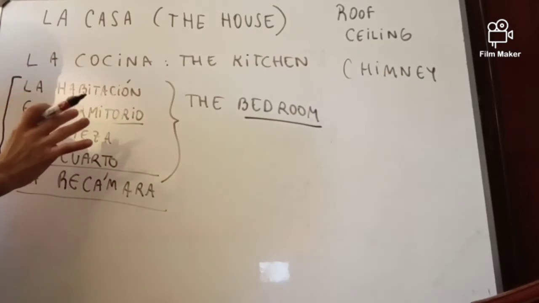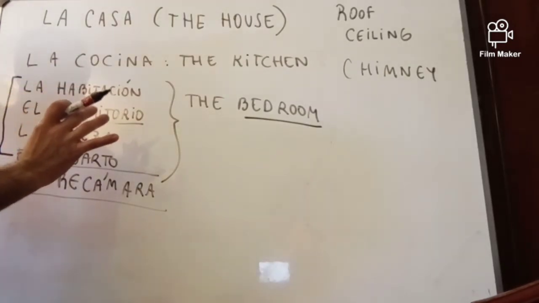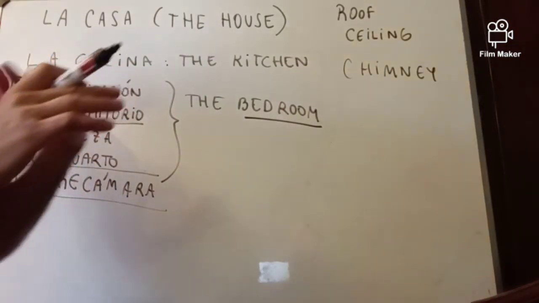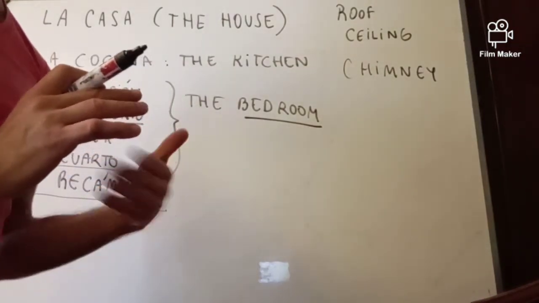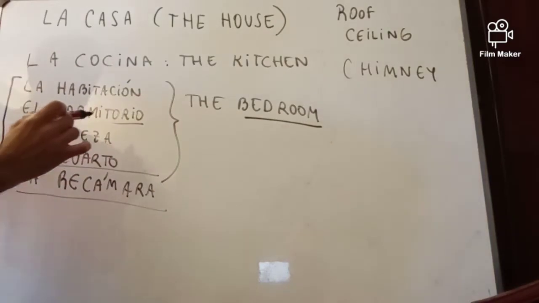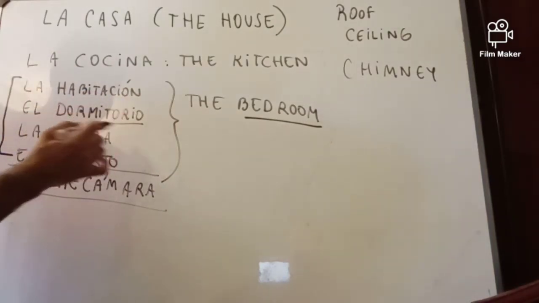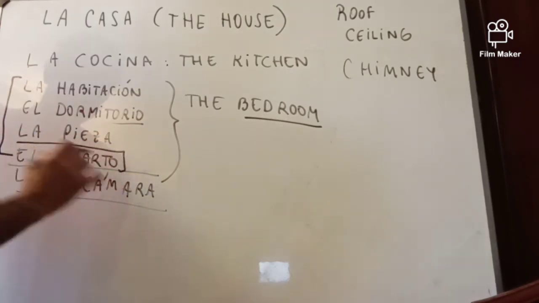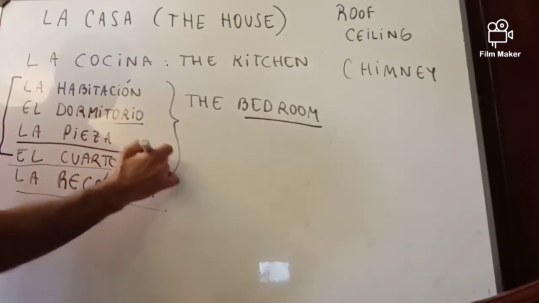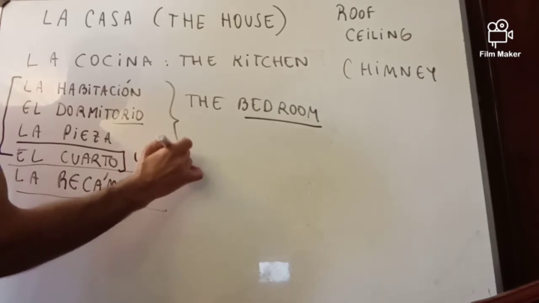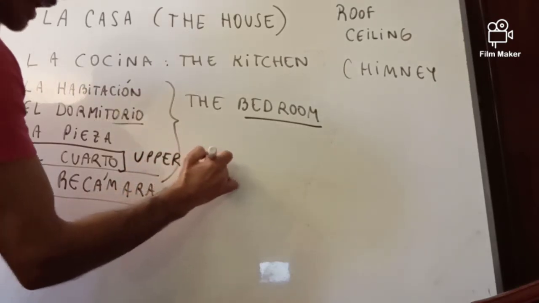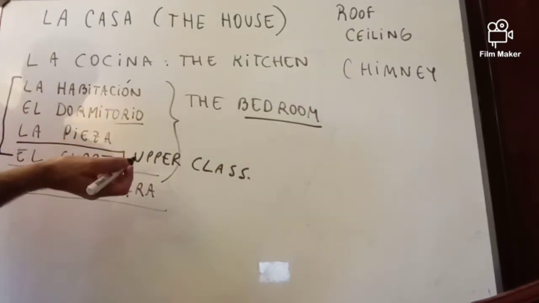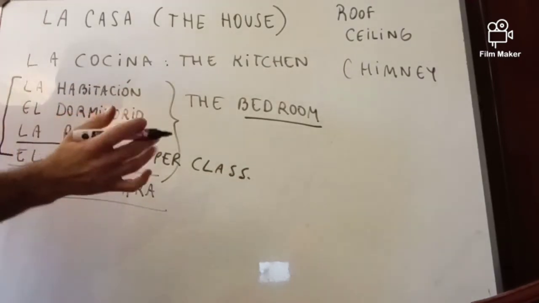The difference has to do with social classes. Upper class people will always say el cuarto. So this is commonly said for people that belong to the upper class. This is a fact.